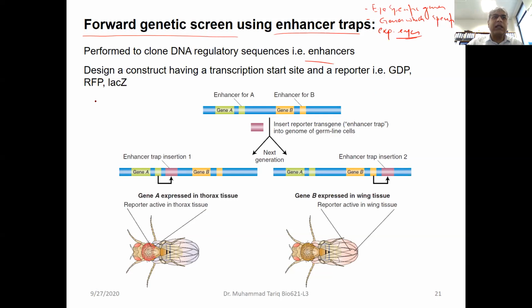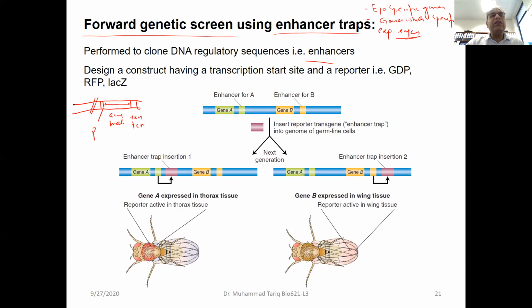So I just draw the normal gene. Let's say this is the promoter of the gene. Then from here to here, we have the coding region, introns, exons, etc., the gene body. We have a transcription terminator, etc. And upstream of the promoter, these hash lines mean it can be very far, or it can be next to the promoter as well.